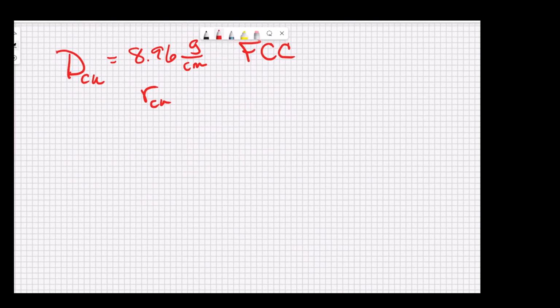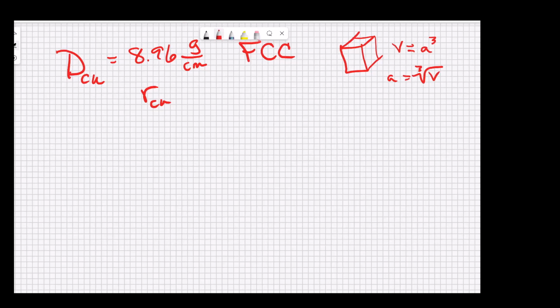So how do we approach the problem? If we can get the volume, this is a cube, right? We know it's face-centered cubic, so we're going to have this cube-shaped thing here. The volume is going to be equal to A cubed, which means A is equal to the cube root of the volume.